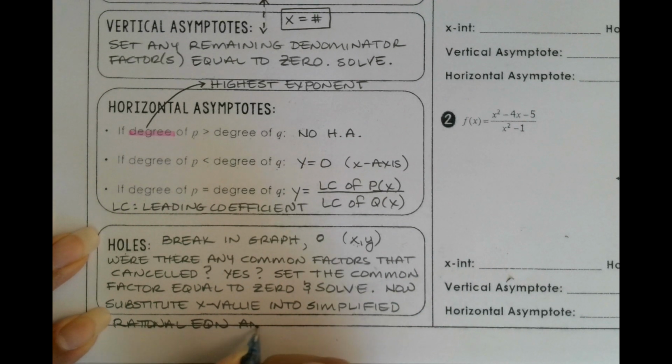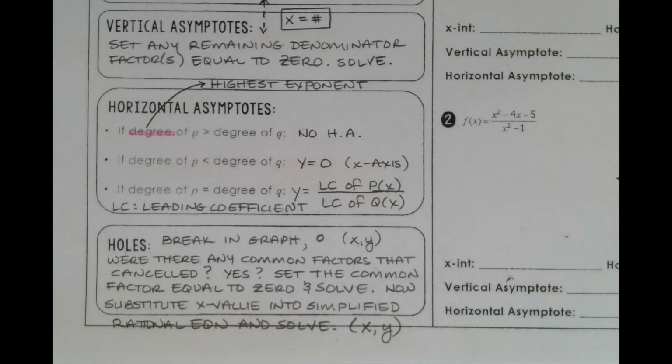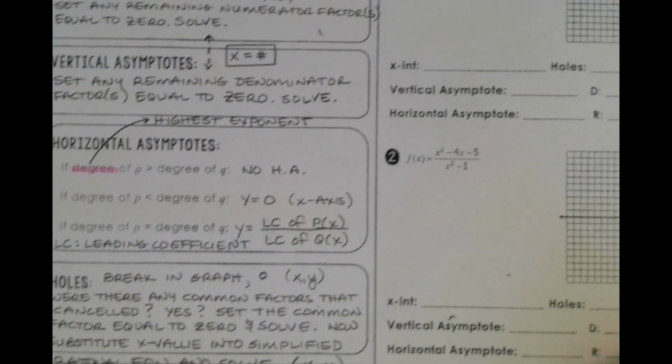And you will solve it for y. And once you do so, you will have an x and y coordinate that you can plot. So that's a lot of writing, but you will see that in the right-hand side of this note-taking guide, I will show you exactly what that looks like.